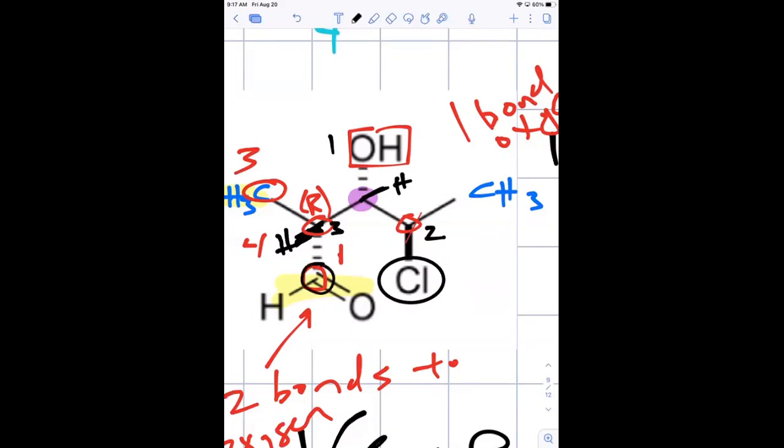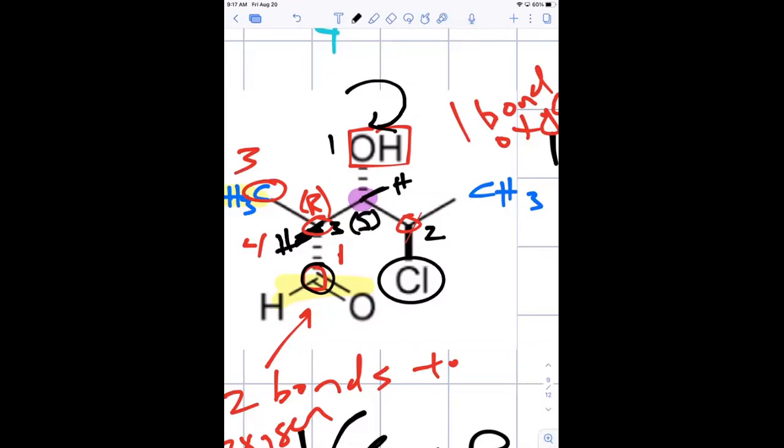Are y'all following that? Yes. So that is 1, 2, 3. It looks like it's clockwise. But because hydrogen is on a wedge, we're going to reverse it. So normally it would be R, but we reverse it because of the wedged hydrogen. So we're going to call it S.